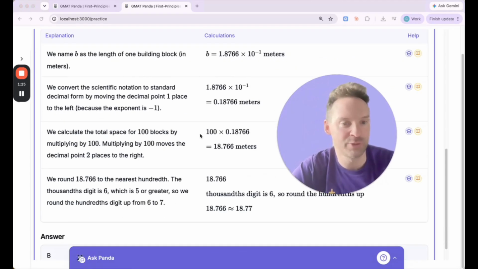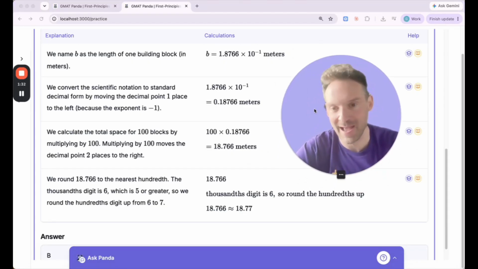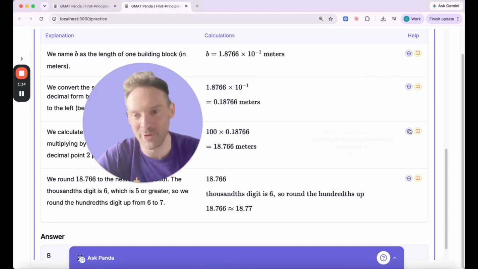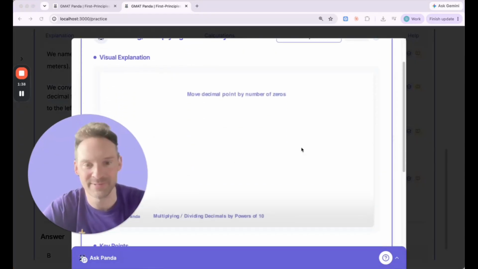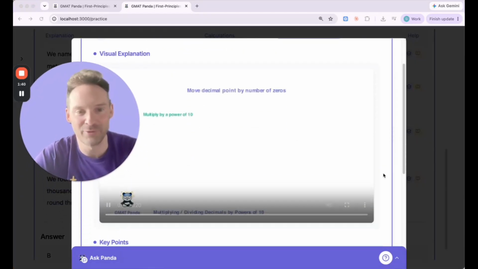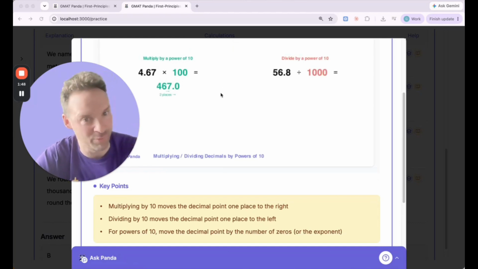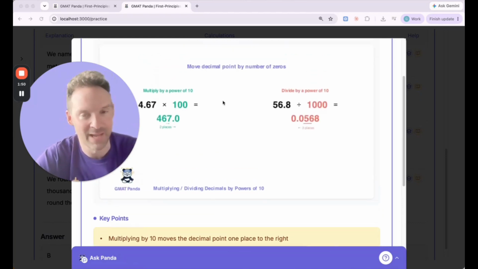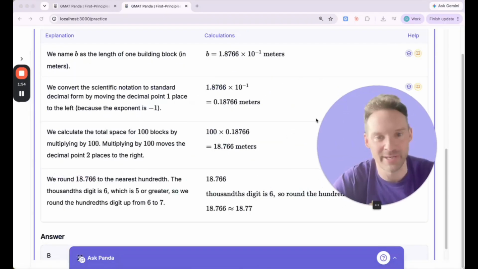And then afterwards, we need to count 100 of those. So we're going to multiply them by 100. And remember that when we're dividing or multiplying by powers of 10, if you haven't seen that video. So remember that we're essentially moving the decimal again along a certain amount of places, and in this case we're moving it to the right. And how many spots do we move it to the right?